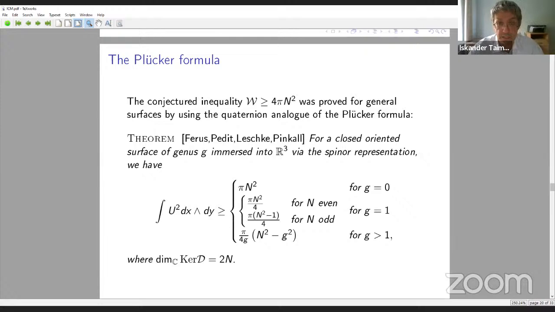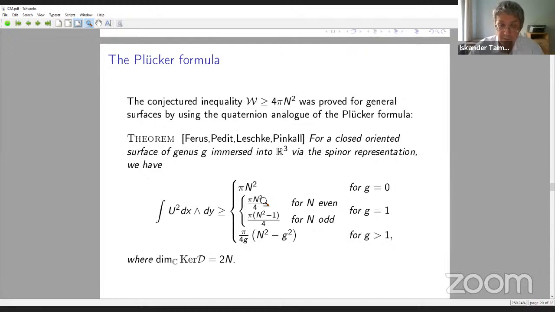And just the analog of the Plücker formula from algebraic geometry enables them to prove, in the first line for spheres, the inequality which was conjectured by myself. And they proved it even for surfaces of higher genera.